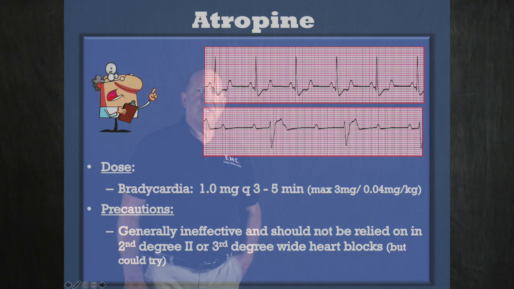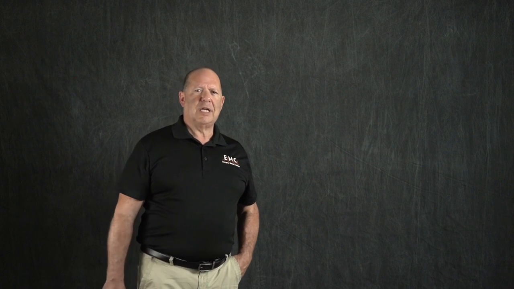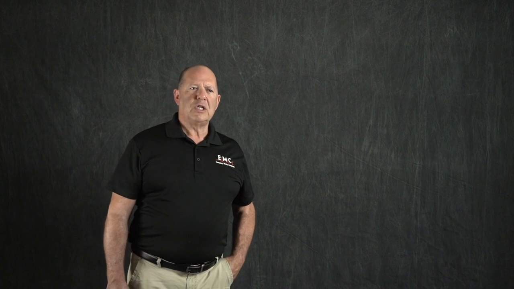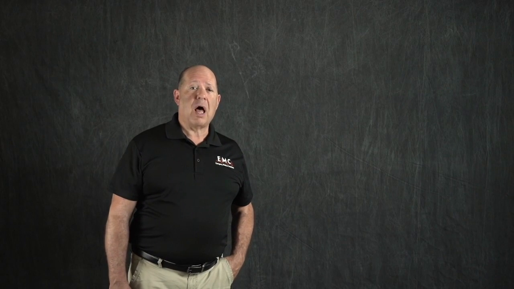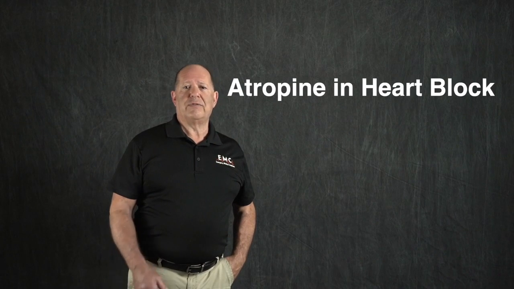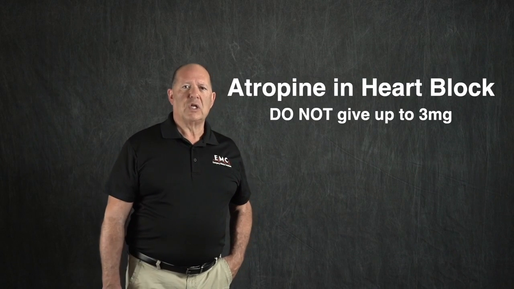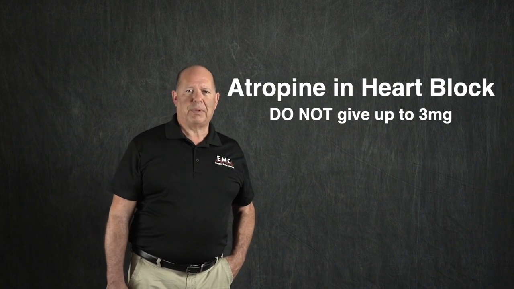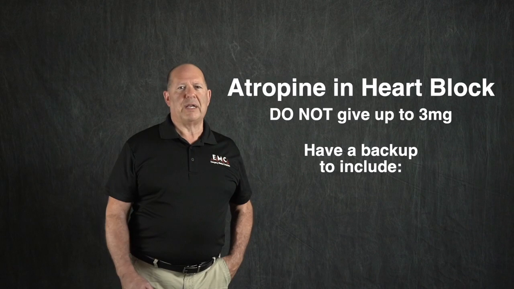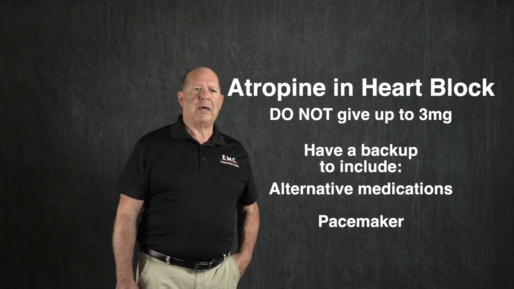So while over the years they've wavered back and forth on the way to manage this, the general concept is this. If you're going to use atropine to try and increase the heart rate in a heart block, you should not give the full 3 milligrams. You should try it several times, don't rely on it, and have a backup plan for that, whether it be another medication or whether it be a pacemaker.